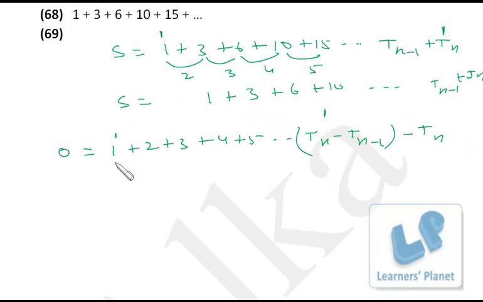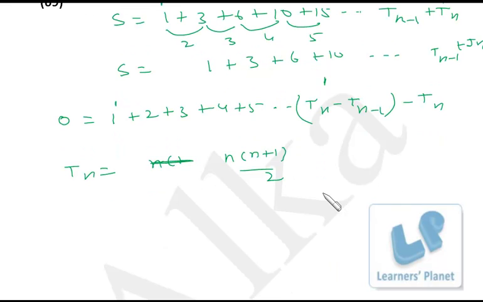So it is very simple to find the sum of the first n natural numbers. So tn is equal to the sum of this series, which is n(n+1)/2. That is the nth term.